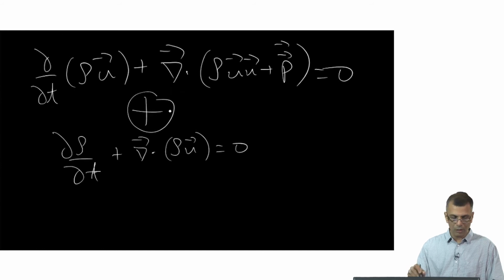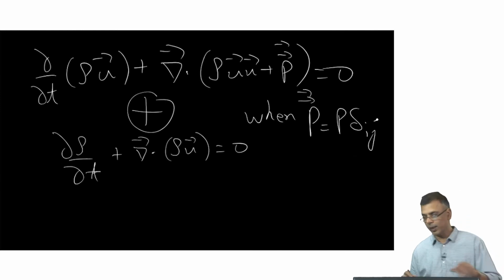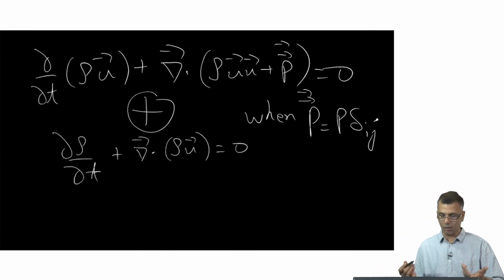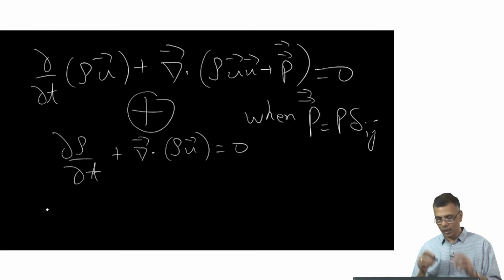You use both of these in the situation where only the diagonal elements of the pressure tensor are non-zero and the rest are 0, to get the momentum equation for an inviscid fluid.